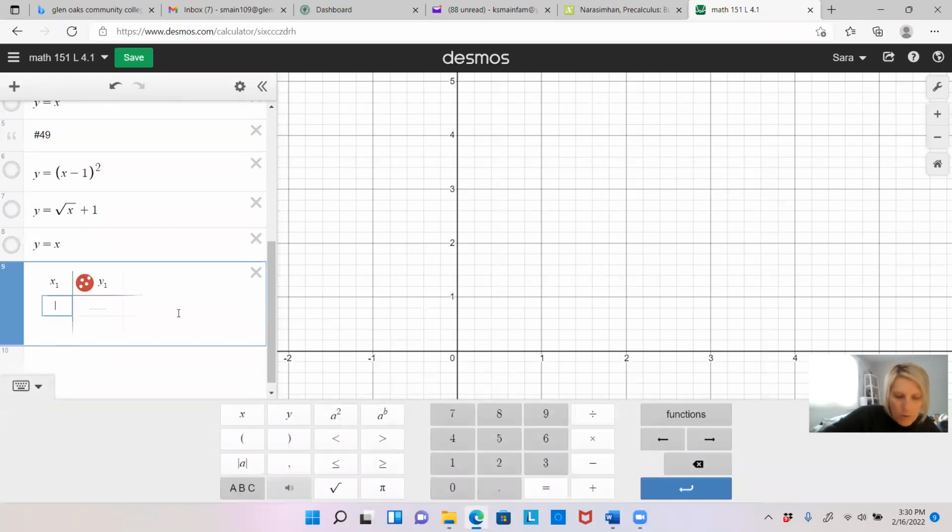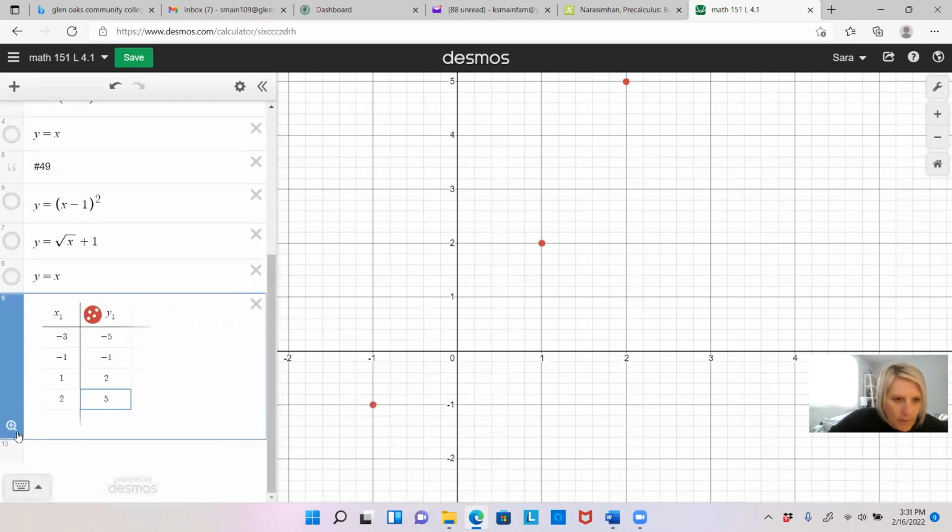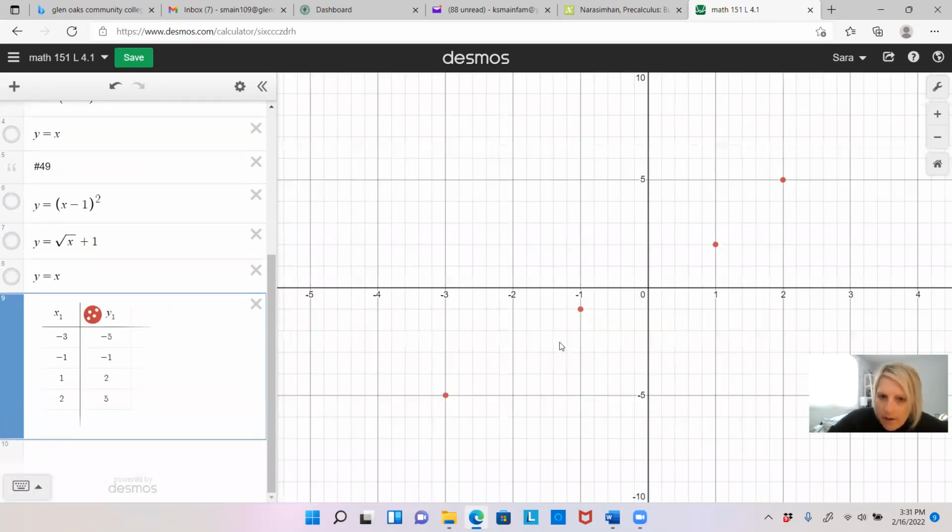And in our table, we're going to put the points (-3, -5), and then we've got -1, 1, and 2 for the x's. And then our other y's are -1, 2, and 5. And I'm going to hit my magnifying glass just so I can see out. So there's my 4 points in red.